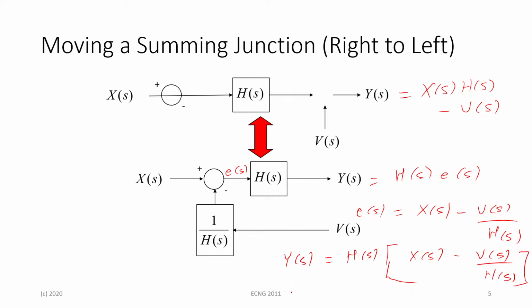If we expand out the brackets, we basically see that y of s here is going to be h of s, x of s, minus v of s, which is basically the same equation that we had to begin with. So in moving a summation junction from the right of the h of s block to the left of the h of s block, the compensation is that we need to have 1 divided by the h of s block accordingly, in order to maintain our original y of s equation that we had to begin with.